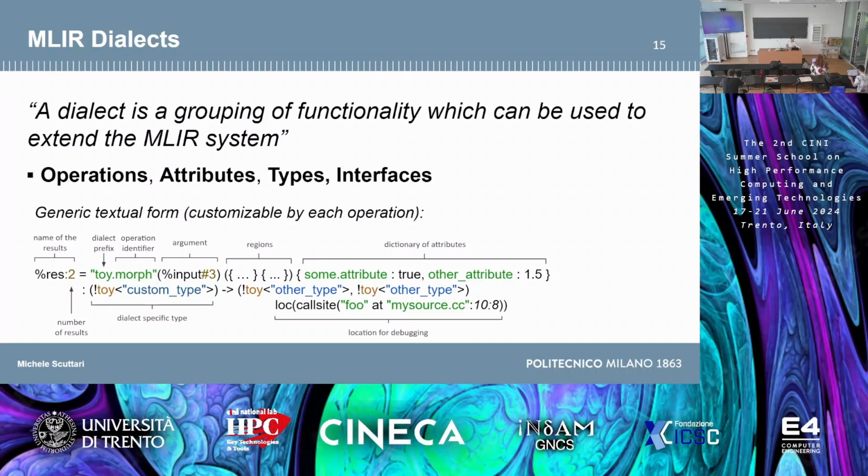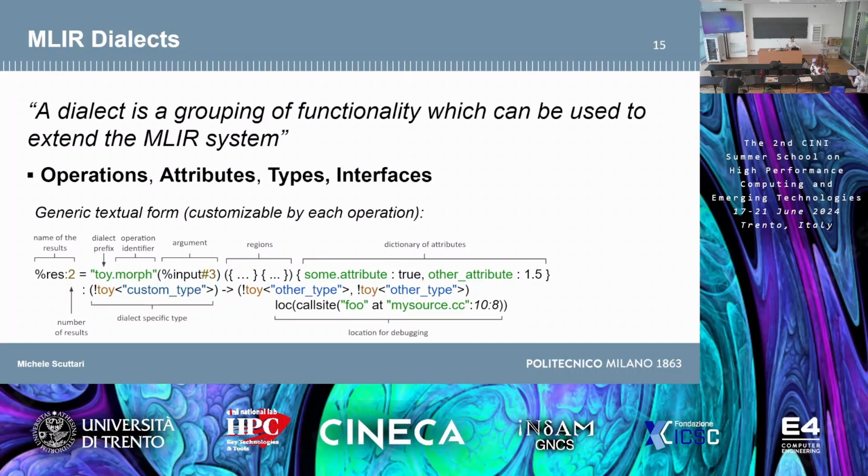These parts will have some types that we will see. The dialect has a name. This is basically a namespace, because multiple dialects can have operations with the same name. Then you have the argument or arguments. Here is the third element of input. Input is another variable, the result of another operation, which had three or more results, and you pick the third.